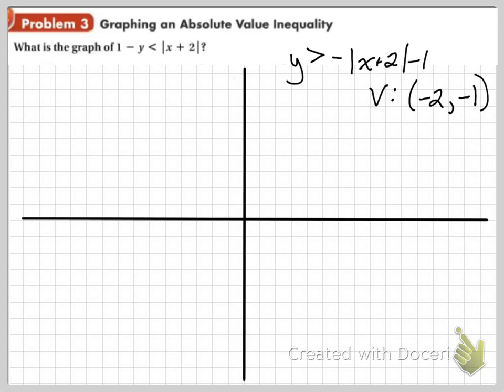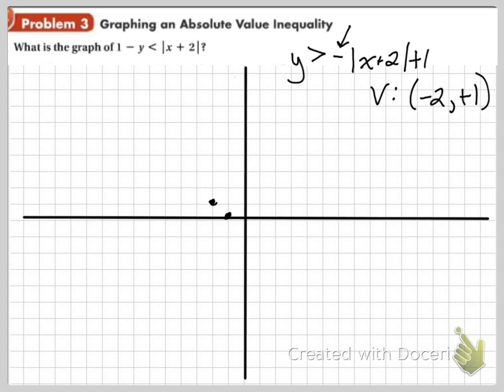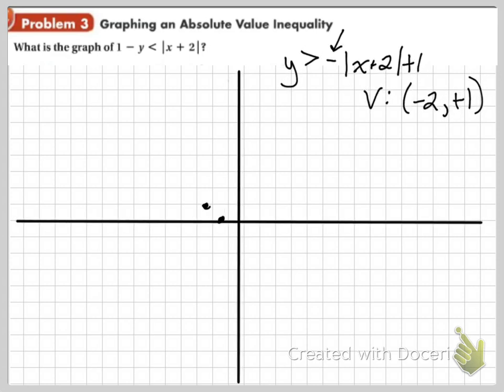I'm sorry, I messed up. This should be +1 because we multiply the whole thing by negative. So -2, +1 right there. Now, my slope, remember, that represents my slope. So I'm going to go down 1 over 1, put a dot, and symmetrical on the other side. Okay.